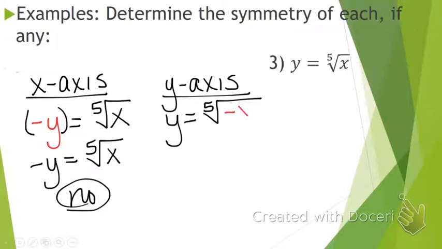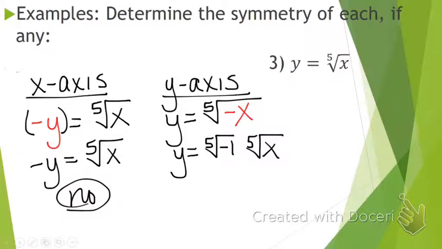And we put a negative x here. So when you take the fifth root of negative x, you're actually taking the fifth root of negative 1 and the fifth root of positive x.